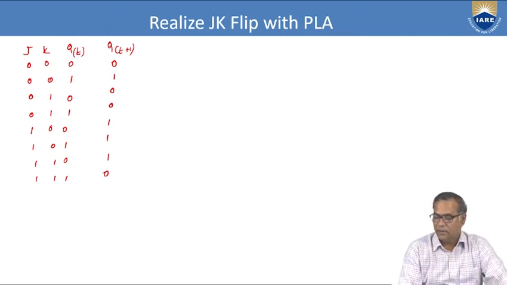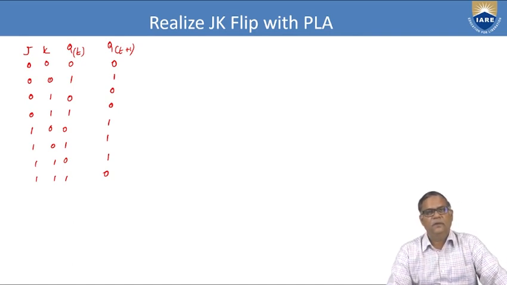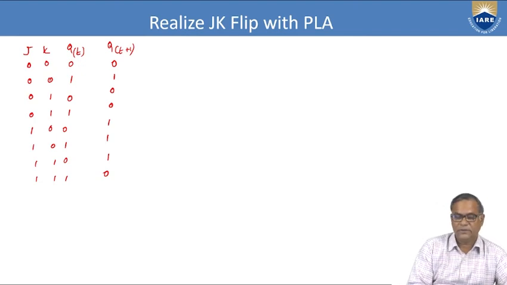You simplify the truth table using K-maps. This is how you can simplify.